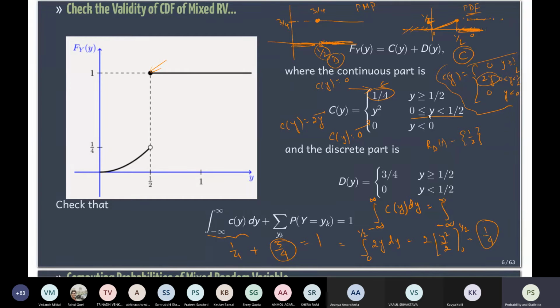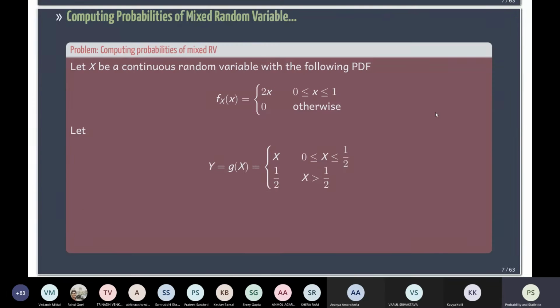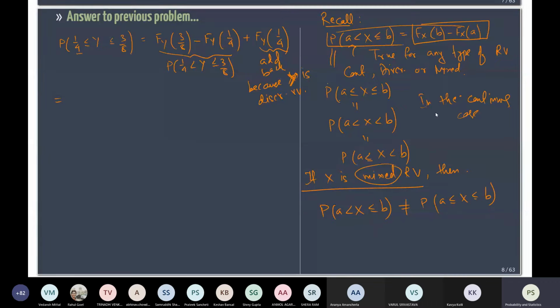So indeed y is between 1/4 and 3/8, and 3/8 is within 1/2. So in this case it will follow y squared: 3/8 squared, minus, and 1/4 is again lying in that range, so this is again y squared form, 1/4 squared.